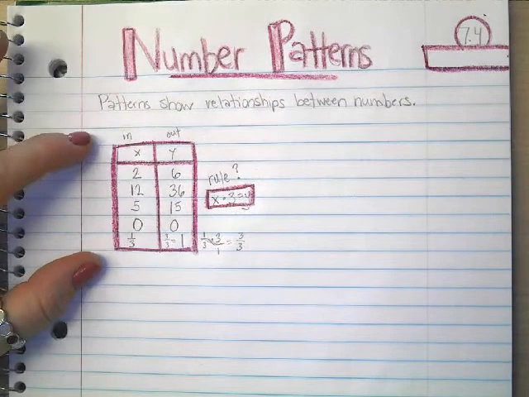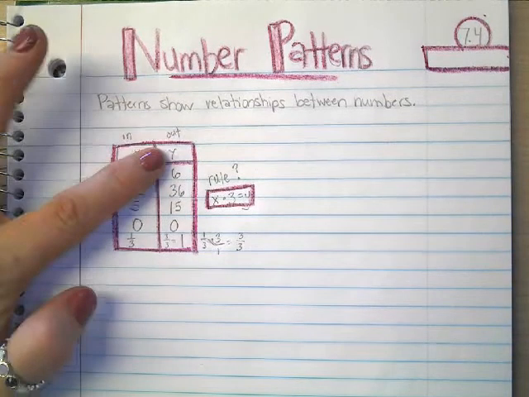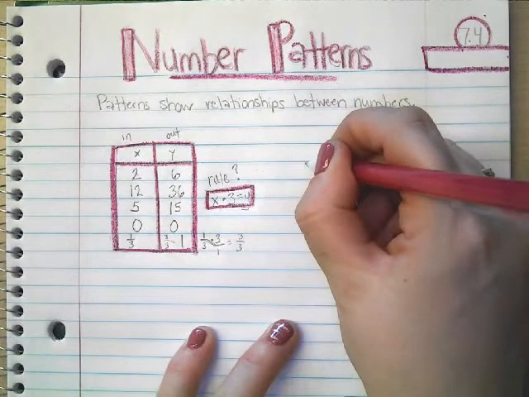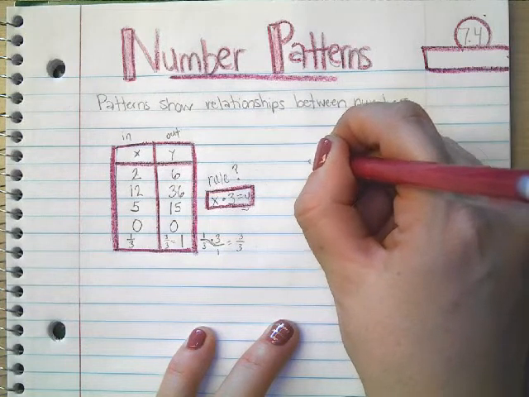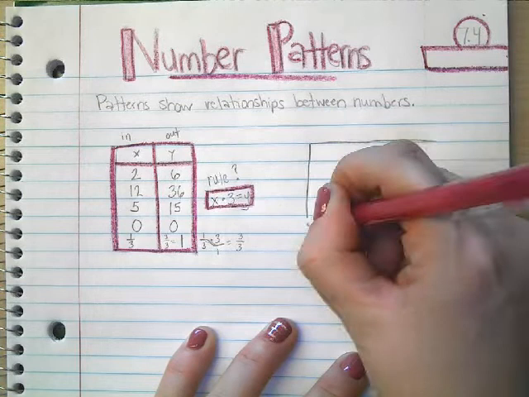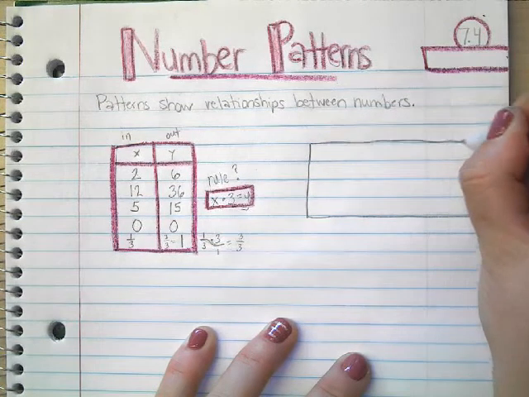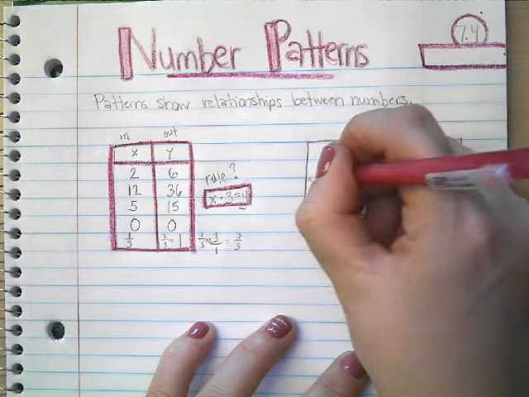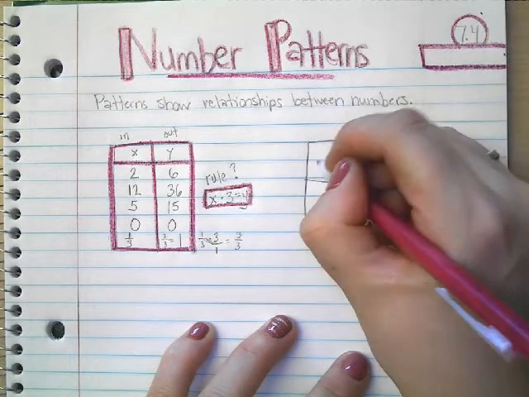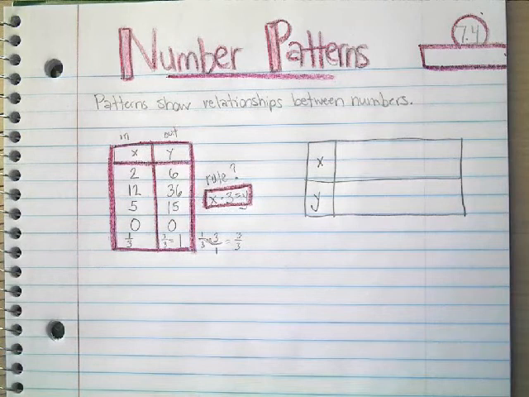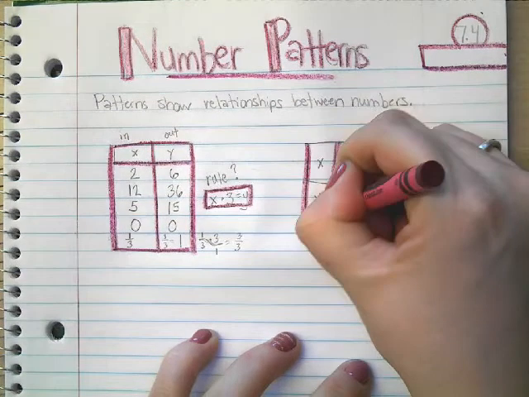You can do a tall vertical in and out table with x variables and y variables, which is what we just did. Or the table can be turned this direction, going left and right, like this. You can have x on top and y on bottom.